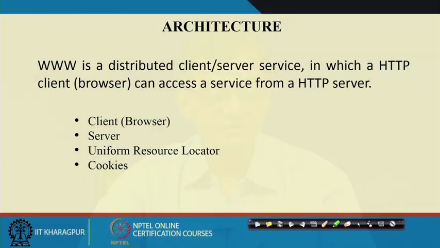Client, server, there is a URL or uniform resource locator, and there are cookies, right. Cookies, as you know, are primarily to remember your previous data, or they help in maintaining your session. But primarily, we require a URL for connectivity, a client or a browser for the request, and a server for responding.